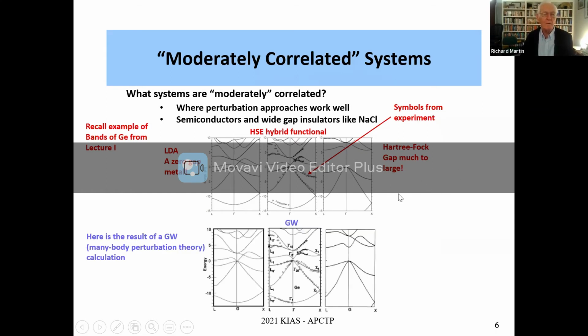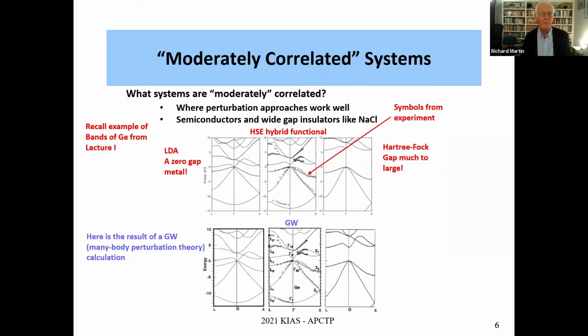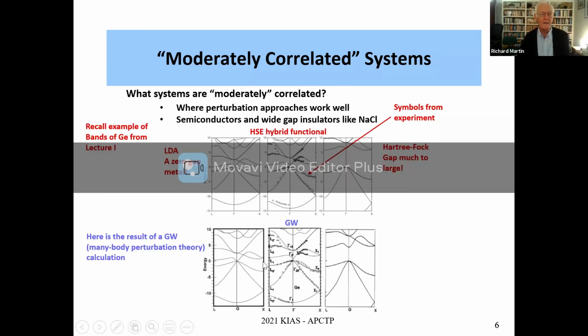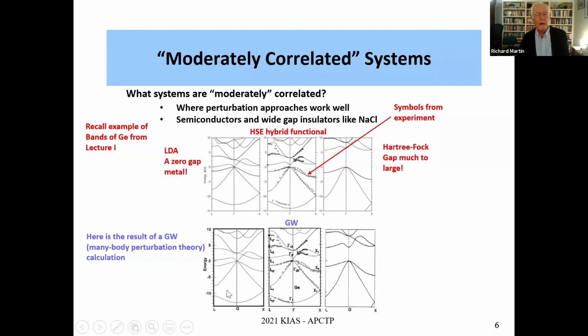And here's an example of work using the GW, that's the many-body perturbation method for calculating the bands in germanium. It's compared the same way that the ones above are. This is this terrible local density result, and the Hartree-Fock with a very wide band gap, and the many-body calculation in the middle. You might say that these look almost identical.